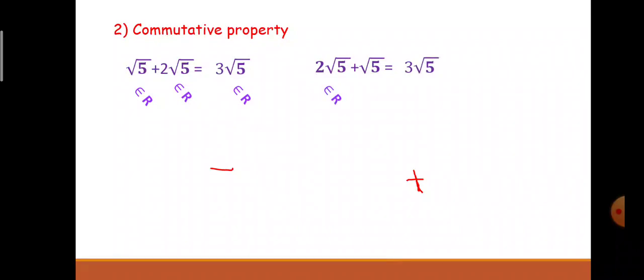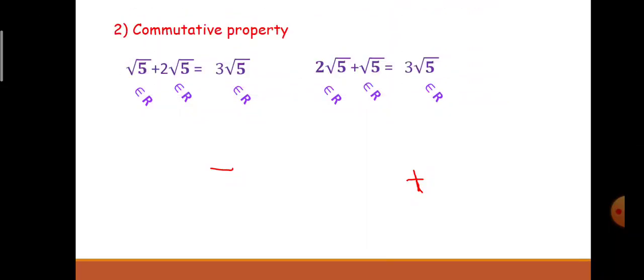The first term belongs to R. The second term belongs to R. The result also belongs to R. So, the result of the right hand side equals the result of the left hand side, okay?